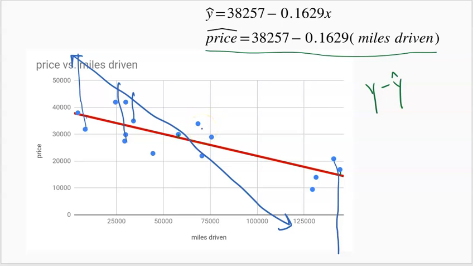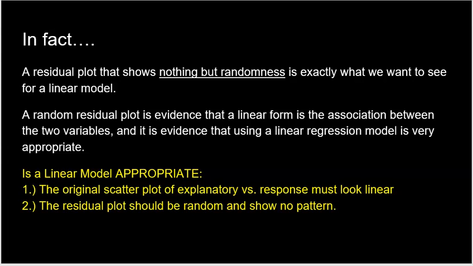And isn't that what we want? Isn't that what a good model should do? Go through our data. So again, a random pattern in your residual plots shows that your residuals are exactly what I've been trying to emphasize in this video. Positive, negative, big, small, completely random throughout the entire graph.